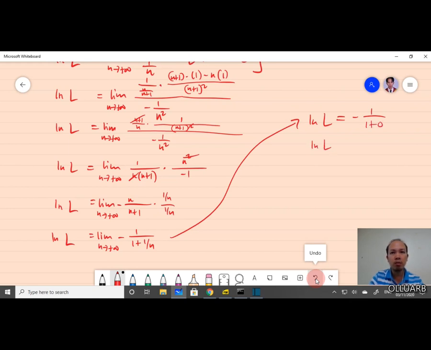So we have ln of L, which is negative 1. So our L here is e to the negative 1. Therefore the limit of (n over n plus 1) to the n as n approaches positive infinity is 1 over e.